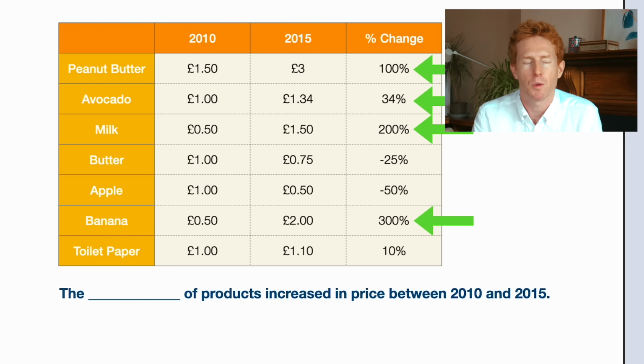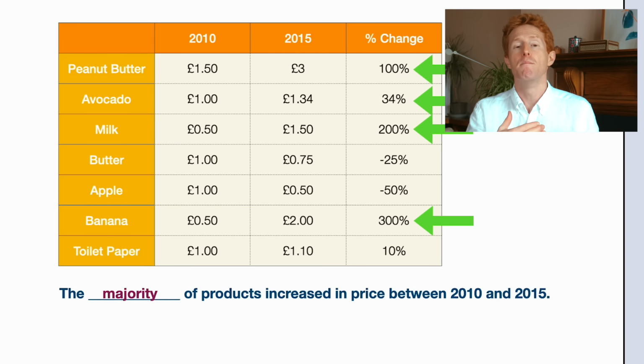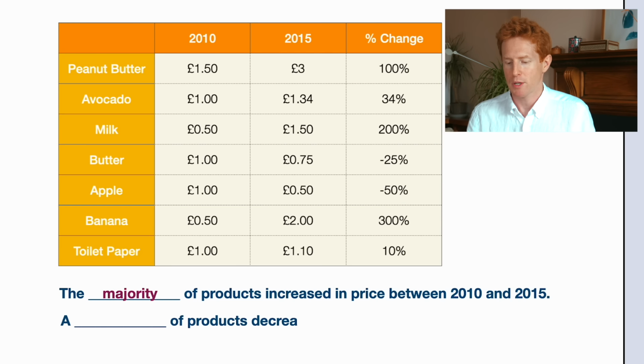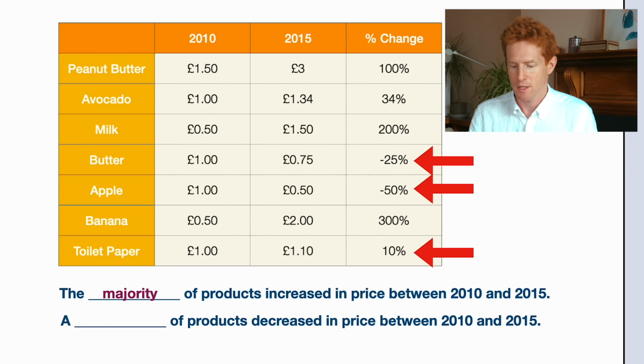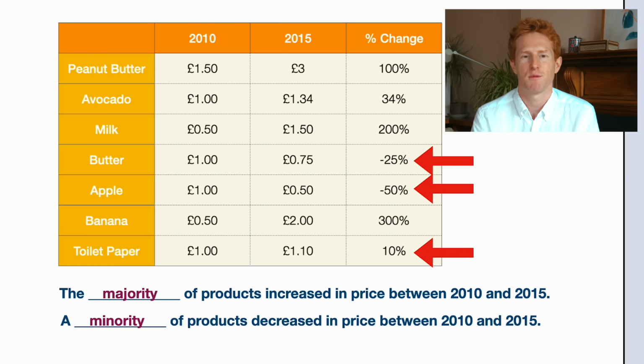And this is something I might want to say in my overview at the beginning. I can say the majority of products increased in price between 2010 and 2015, which means most of the products increased in price. In contrast, if I want to point out these items, I can say a minority of products decreased in price between 2010 and 2015.